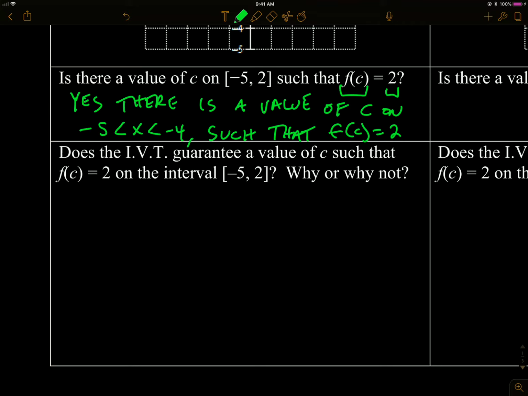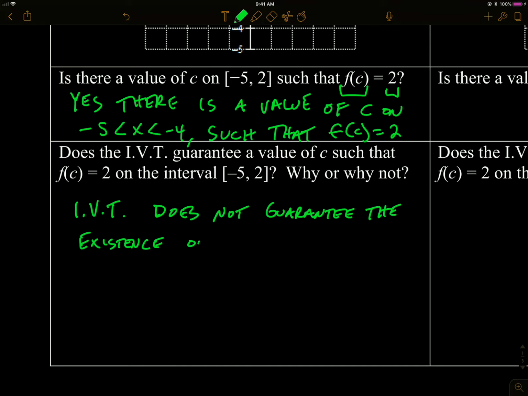The answer actually here is no. The intermediate value theorem does not guarantee the existence of c on the open interval a to b. It's open because the c can never be the endpoint. And sorry, I can use specifics here.